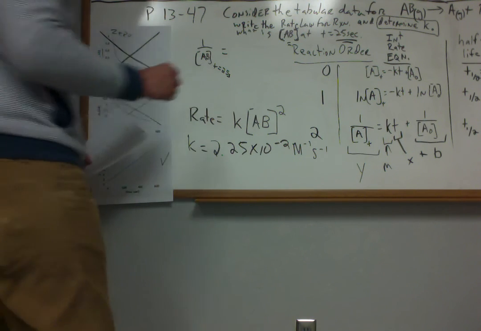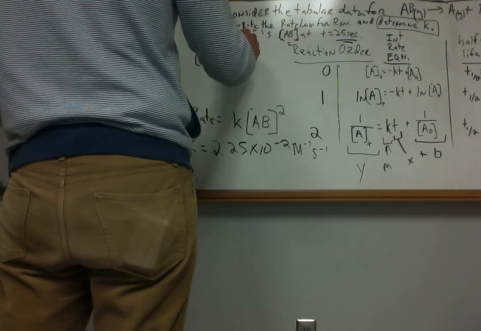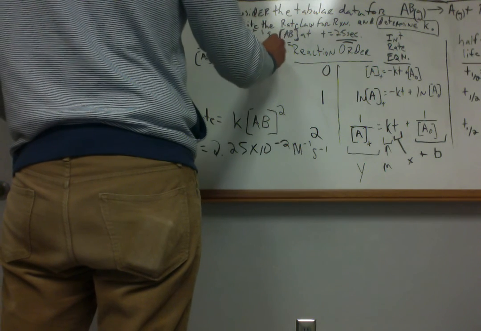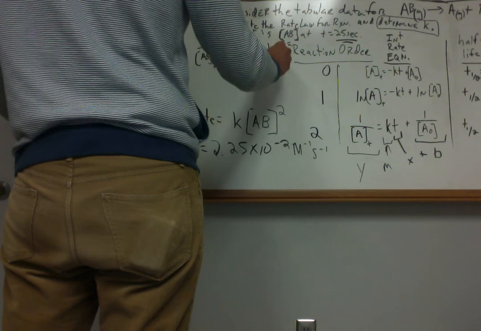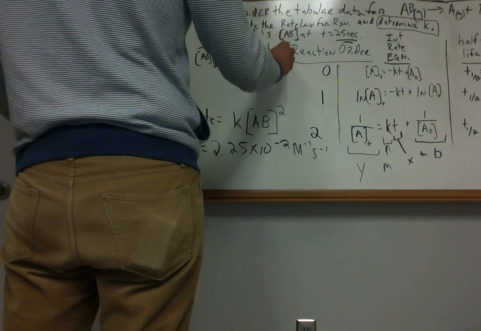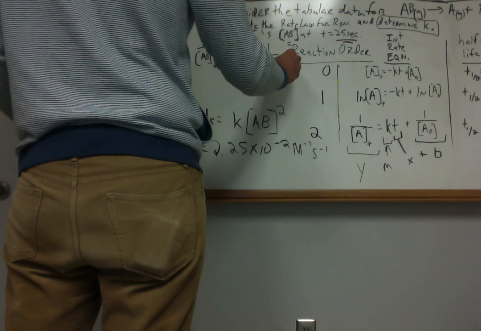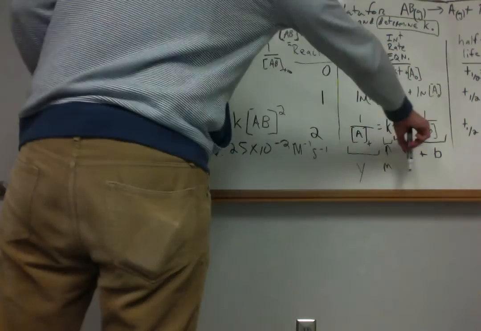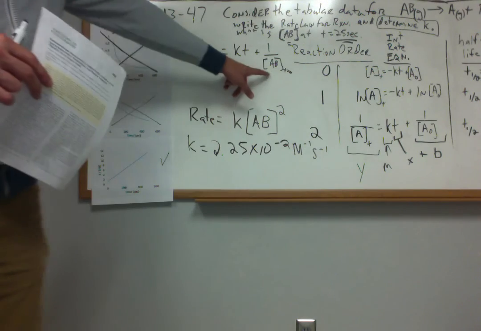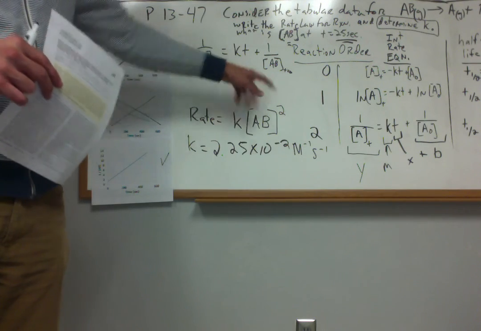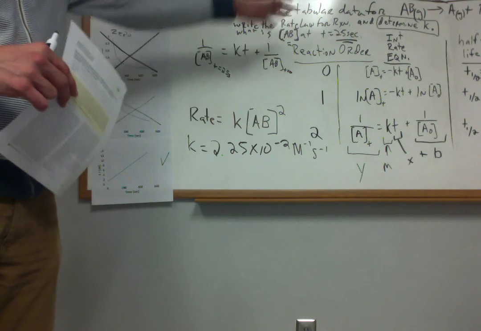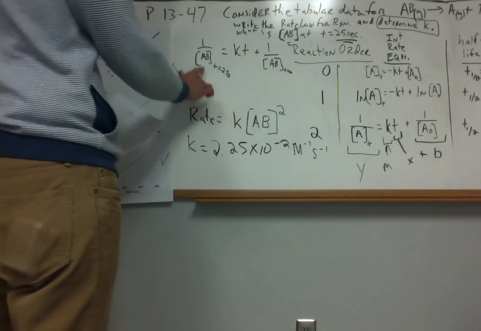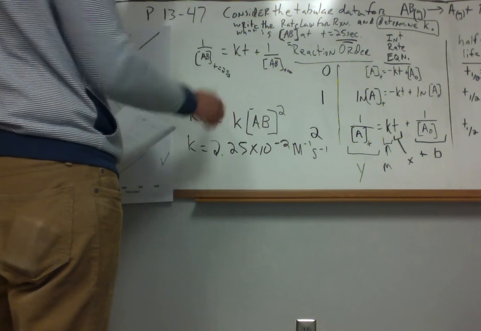But 1 over that variable is equal to kt plus 1 over the concentration of AB at t equals 0. That's my A0 term. It's the concentration of my substance at time equals 0 before any of this reaction started, okay? The initial concentration is right here. This is the concentration after some time, t.